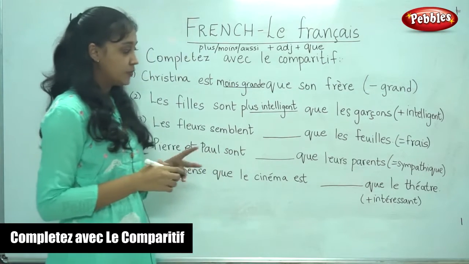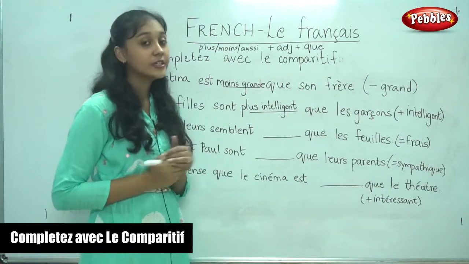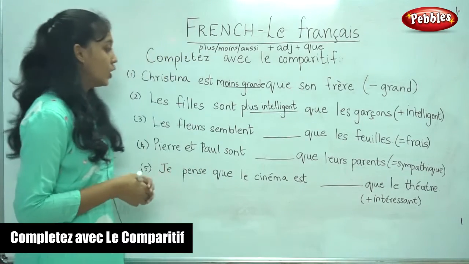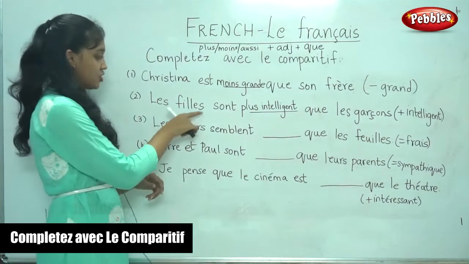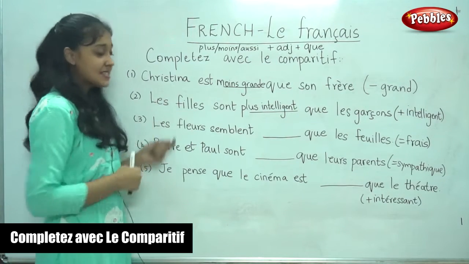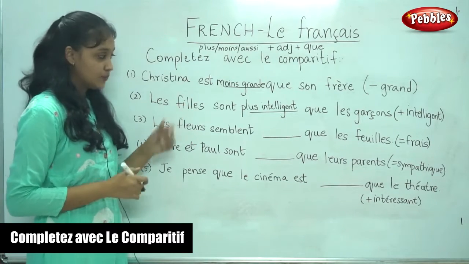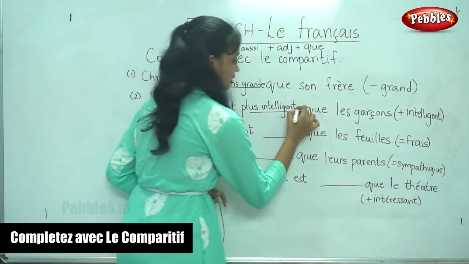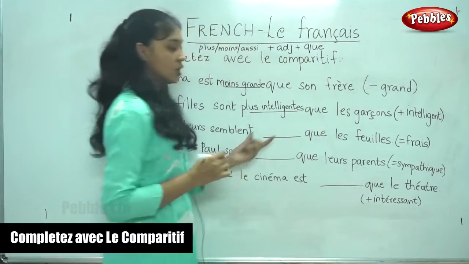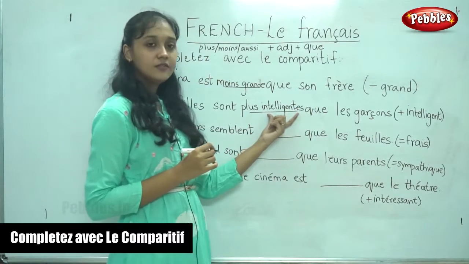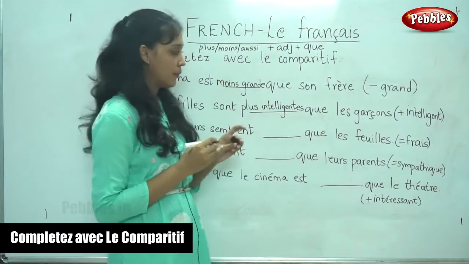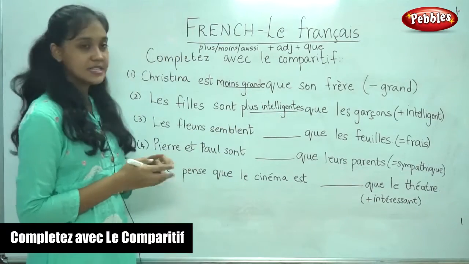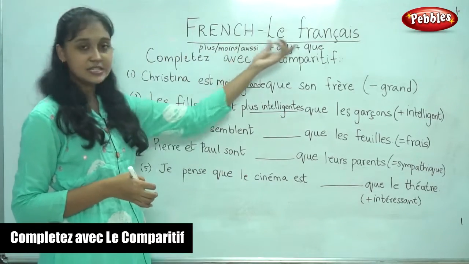Now, before moving on to the third step, what did I tell you we have to do? We have to see what is our subject. Our subject is feminine plural. So, this intelligent becomes the feminine plural form. So, very simple exercise, just 3 steps.